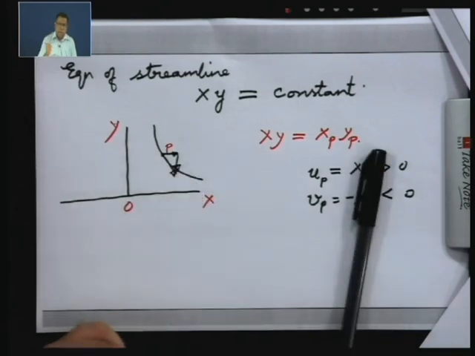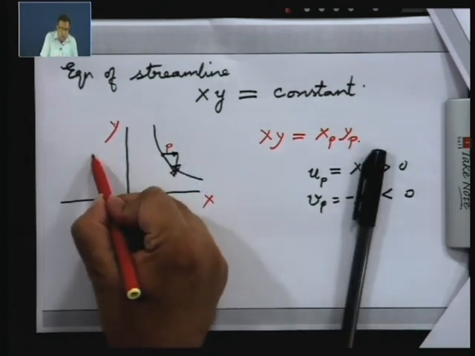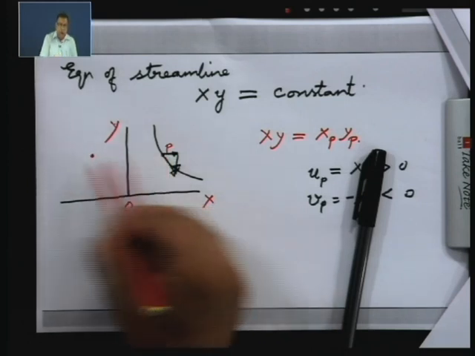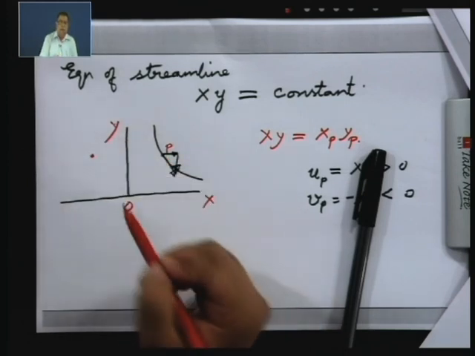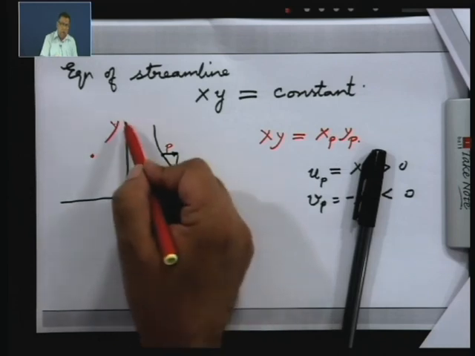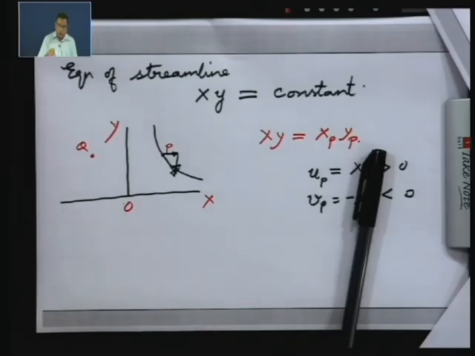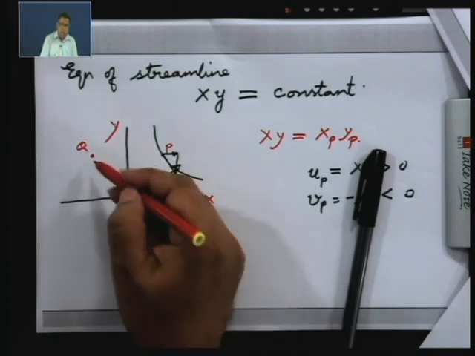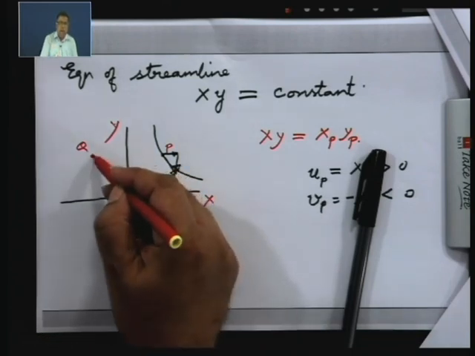Now, suppose I take a point q which is a mirror image of this point p about the line Oy. So, suppose I have a mirror here and call this point q. Now, since it is a point in the second quadrant, x_q is negative and y_q is positive.